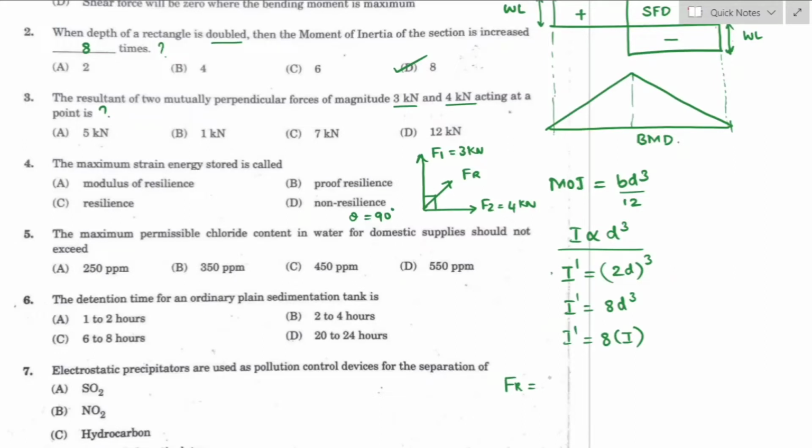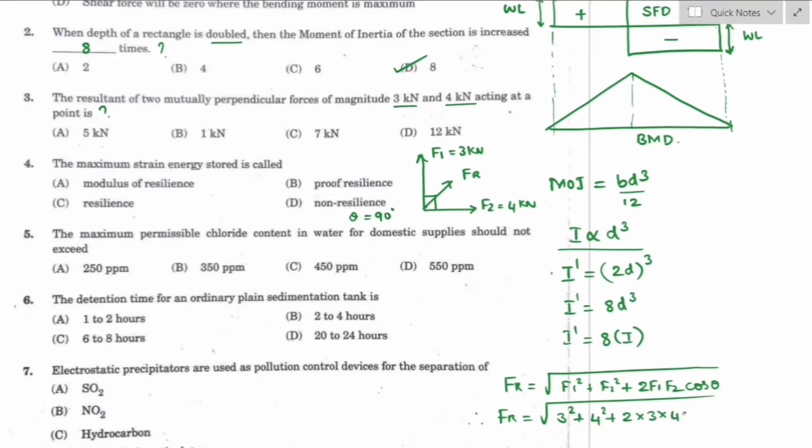The resultant force is calculated by the formula square root of F1 square plus F2 square plus 2 F1 F2 cos theta. Therefore the resultant force will be square root of 3 square plus 4 square plus 2 into 3 into 4 into cos 90 degrees. On solving this, the resultant force will be 5 kN. So option A is the right answer.